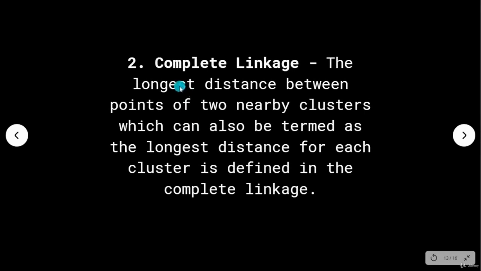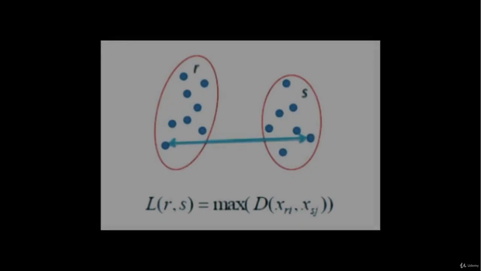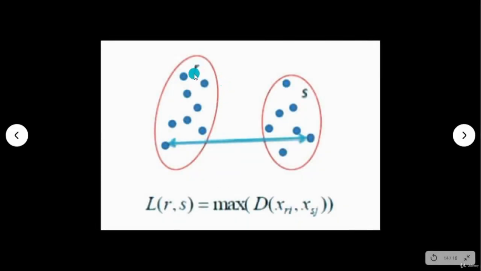The second method is complete linkage. The longest distance between points of two nearby clusters, which can also be termed as the longest distance for each cluster, is defined in complete linkage. In the given case, the distance between clusters R and S is equal to the length of the arrow as shown in the image.